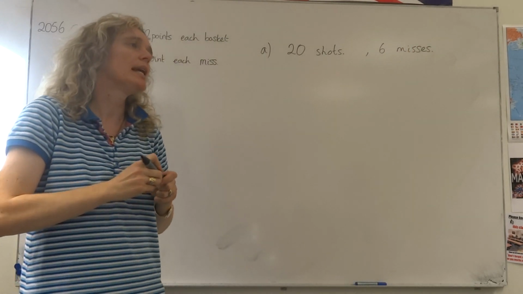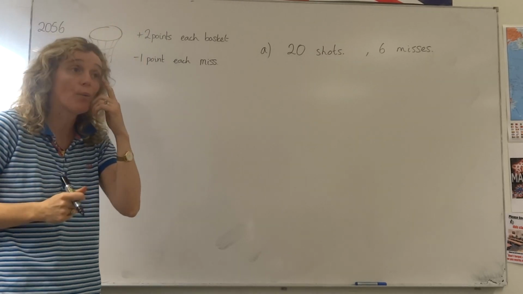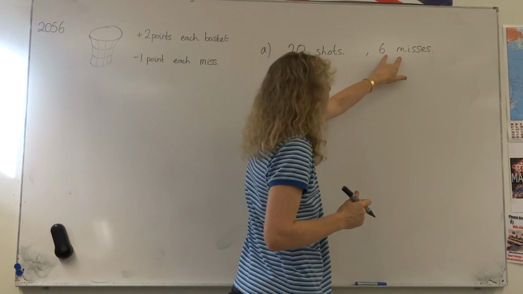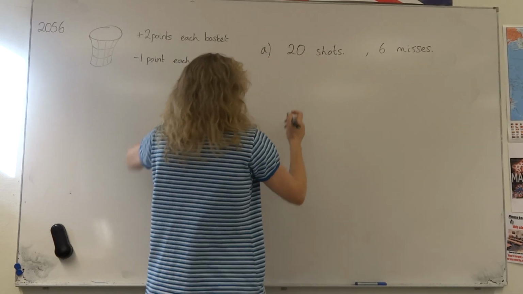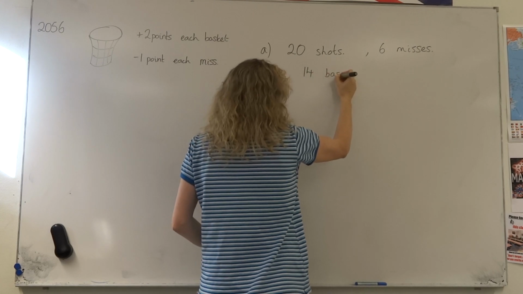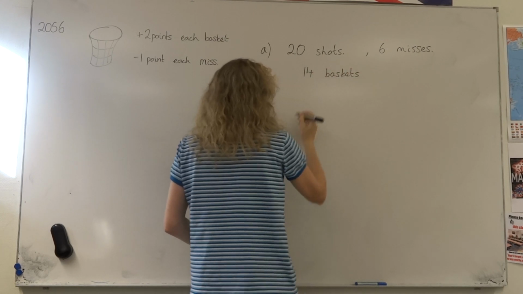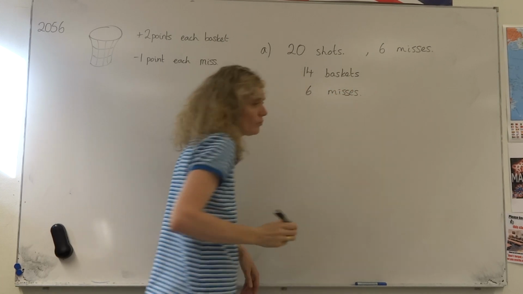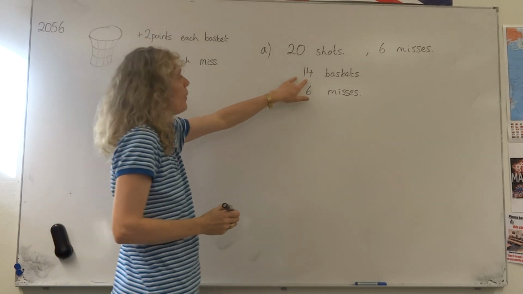And this is actually a really good way to then think about how would I build my formula. Well, if she misses 6 times, then that means she gets 14 baskets. And she gets 6 misses. So how would I work out her points?